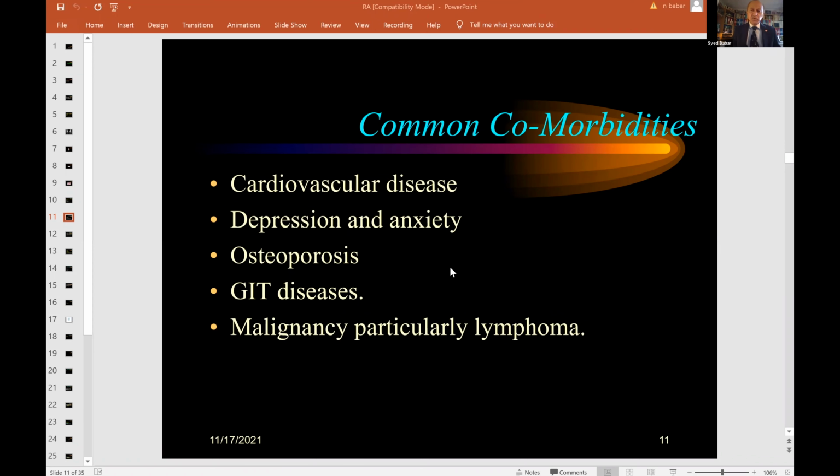It is also known to coexist more often than normal with lymphoma and thyroid cancer.